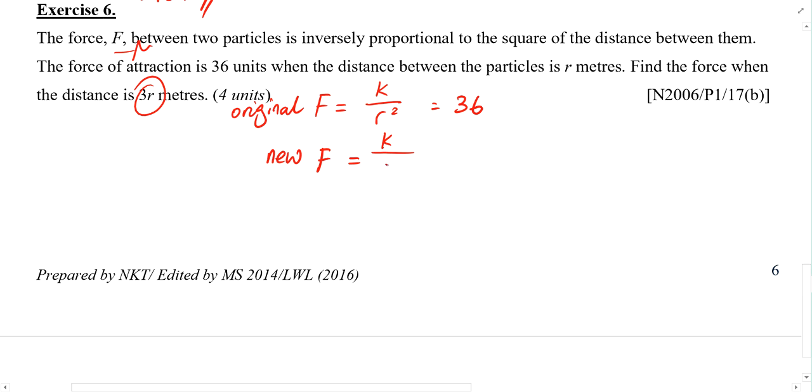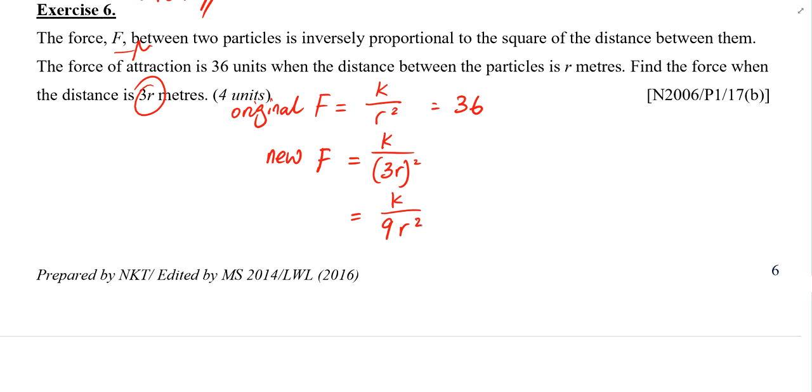So in my denominator it should be 3R, isn't it? Where do I put a square? For the entire 3R or just the R? Entire 3R. Like this. Now this gives us k over 9R squared. All okay so far?